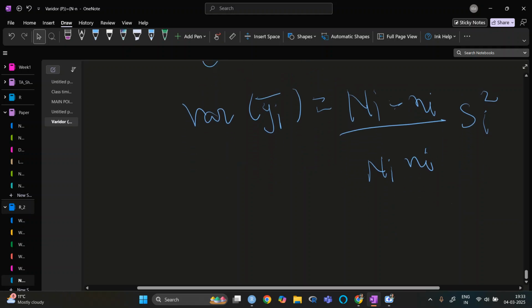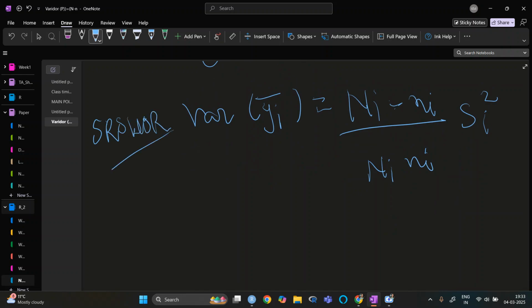Okay, so this one was the variance. This one is for SRSWOR; in SRSWR it is ni minus 1, or we can directly write Si square upon ni for SRSWR.